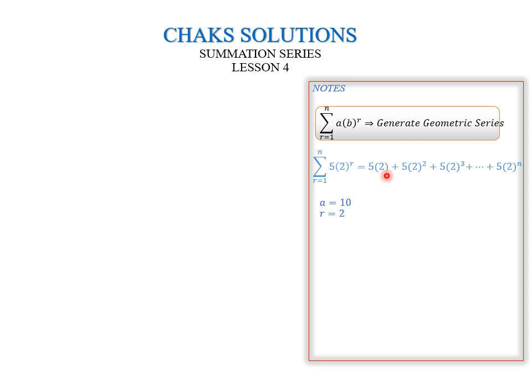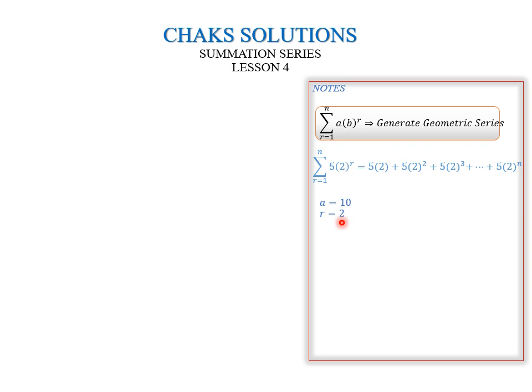In a geometric series, there's a ratio that is multiplied on the previous term to get the next term. To find the common ratio, just divide consecutive terms. If you divide the second term by the first term, you get 2. If you divide the third term by the second term, you also get 2. That's how you find the common ratio.